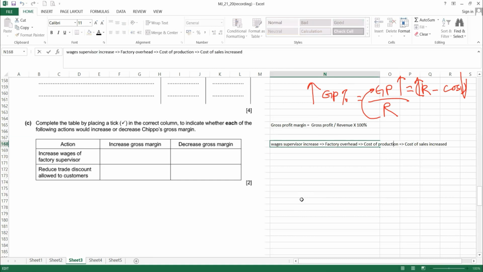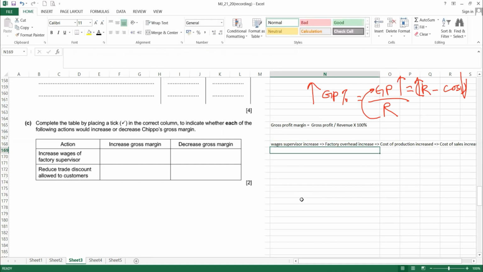When cost of sales increases, gross profit decreases.